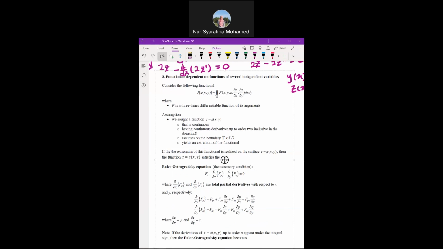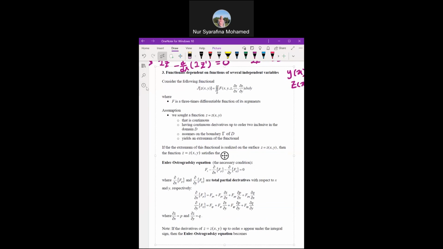Okay. The next type here is the functional dependent on functions of several independent variables, instead of having m many functions. Let's say previously we have a functional of y(x), z(x).